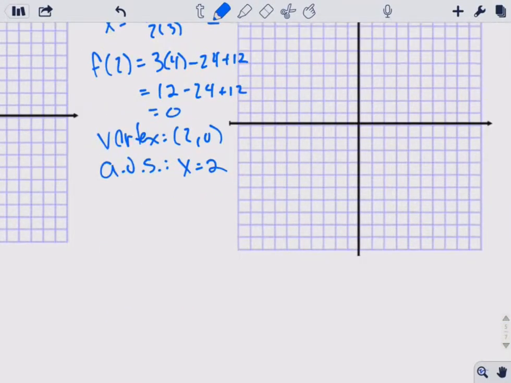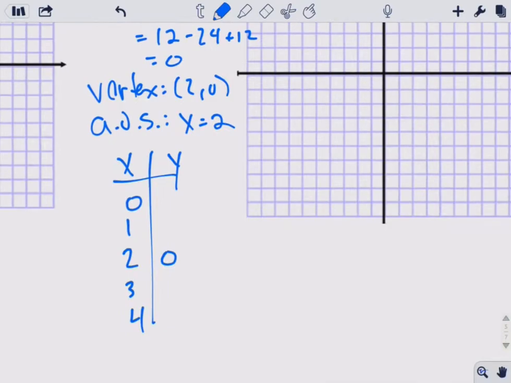A is 3 in this case, so I've just got to make my table. 2, 0, 1, 0, 3, 4, make my x coordinates 2 less than, 2 larger than, and remember a was 3, so I add 3 to 0, that's 1a, then add 4a, a is 3, 4a is 12, 0 plus 12.